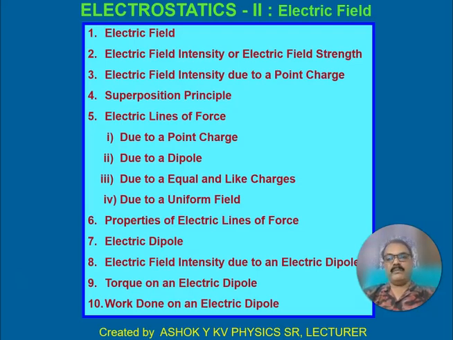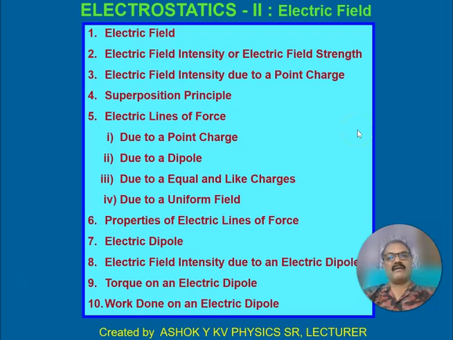Gravitational field means it is the strength of the earth up to which it can pull the object. In the same way, the electric field is the space around the charge in which another charge feels electrostatic force. That is what electric field is.